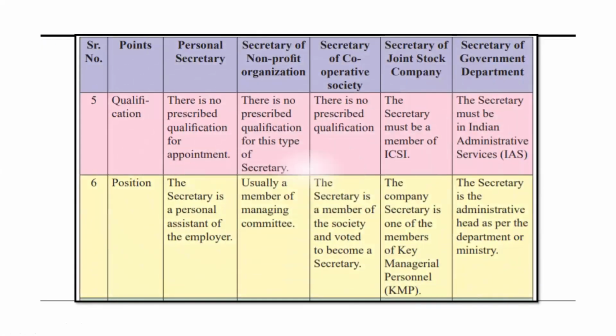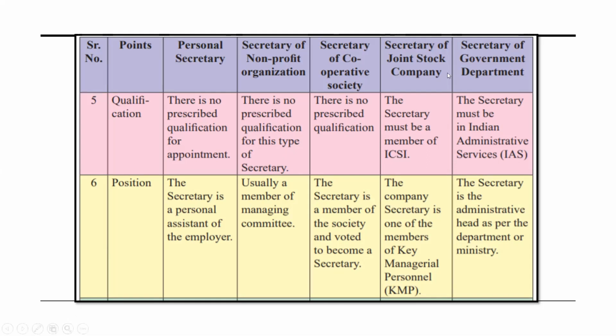Okay. Moving on to the next point. Qualification. There is no prescribed qualification for a personal secretary. There is no prescribed qualification for a secretary of a non-profit organization. Again, there is no prescribed qualification for a secretary of a cooperative society.